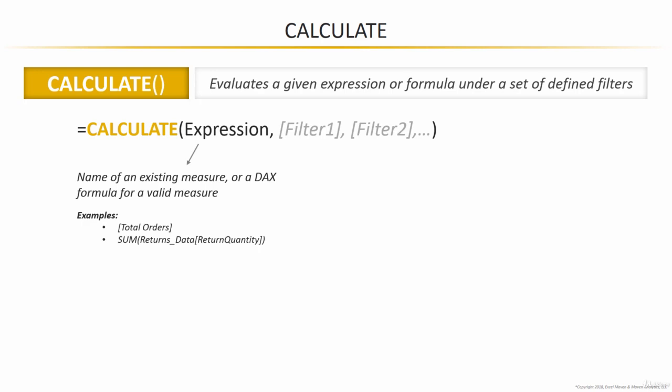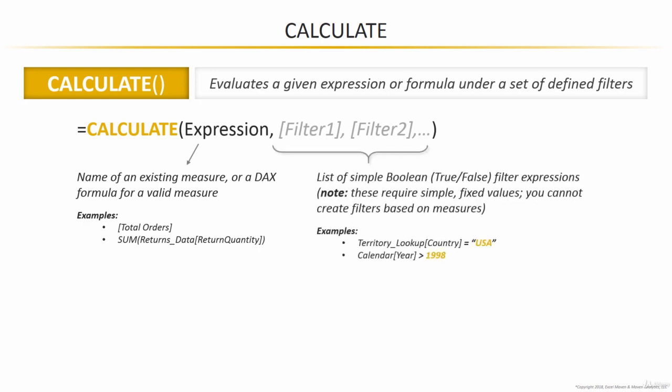And then the second component of the function is this set of filters, this list of simple Boolean, meaning true/false, filter expressions. Now, important thing to note here, these must be simple expressions with fixed values.